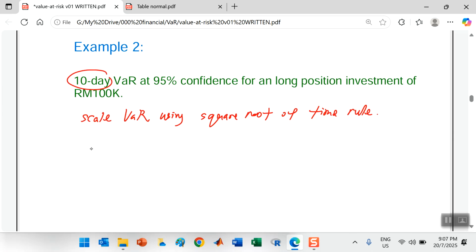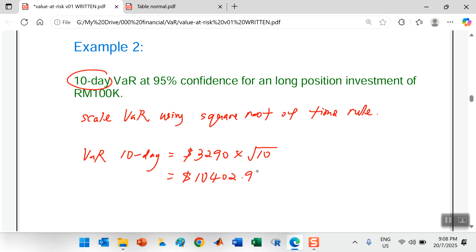So the VAR for 10 days is equivalent to 3290 times the square root of 10. So in the end you have $10,402.97.